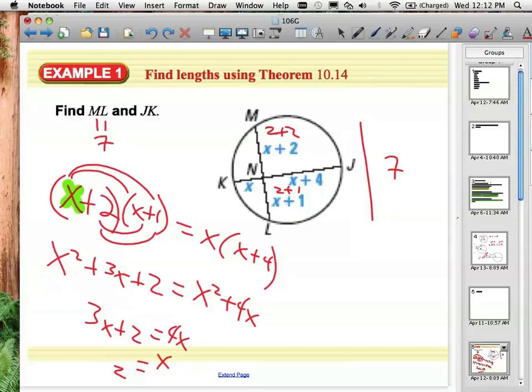And then JK is 2 plus 4 and 2, which is 8. All right with everyone? Okay, next one.